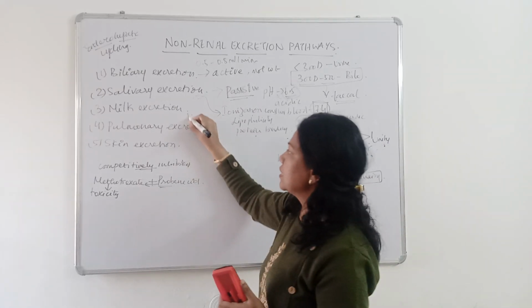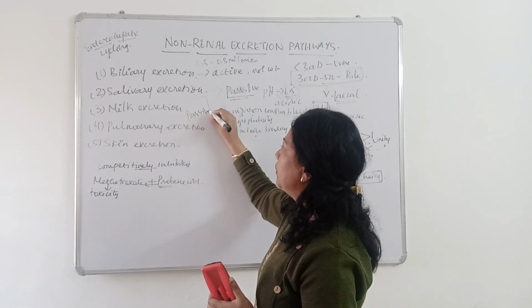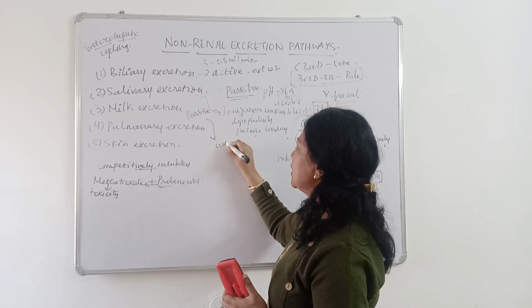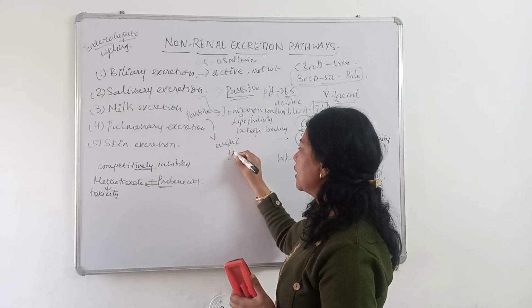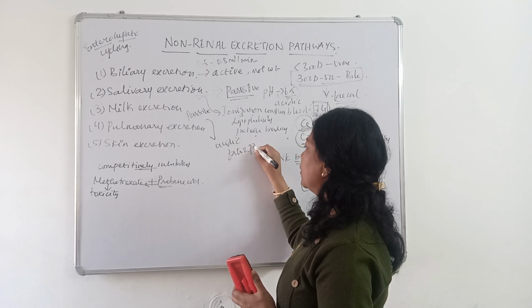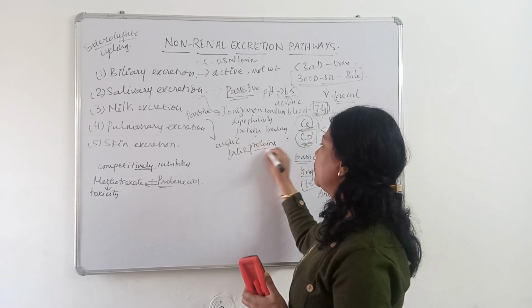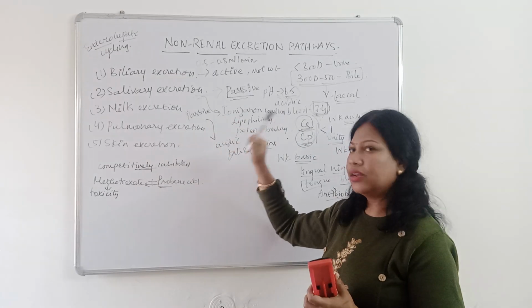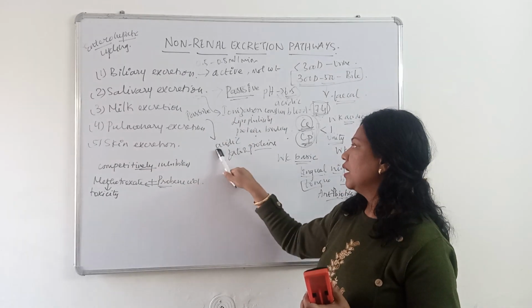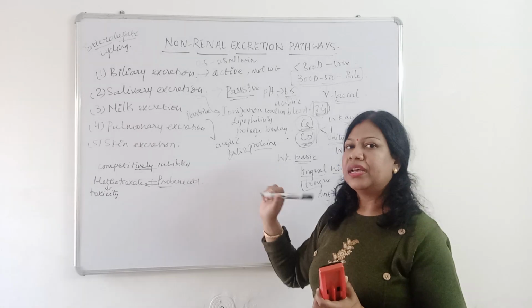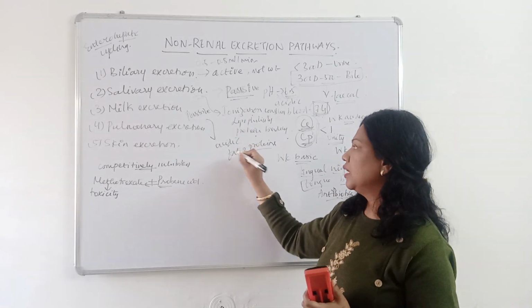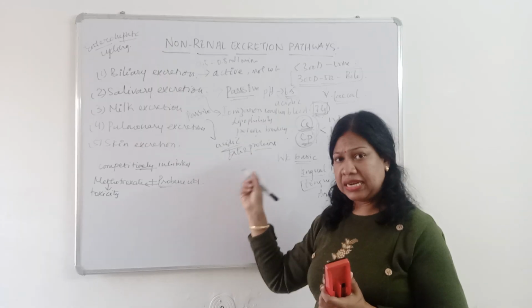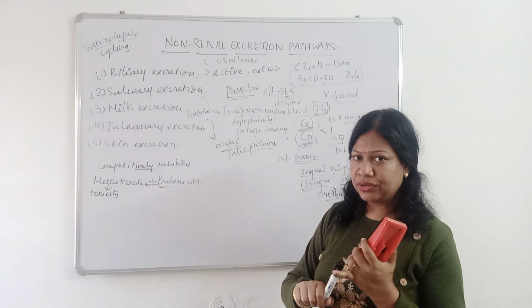Again, milk excretion is a passive process. Milk is slightly acidic in nature. It mainly contains fats and proteins. Like salivary excretion, here also the milk is slightly acidic, so ionization constant matters.